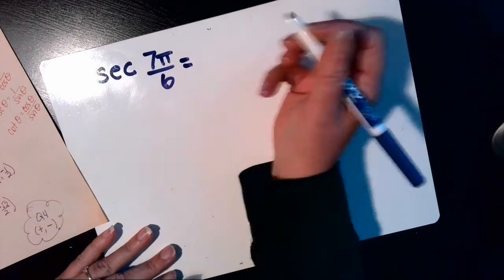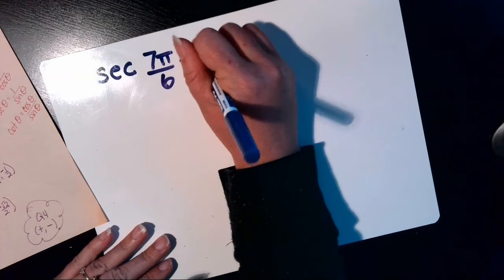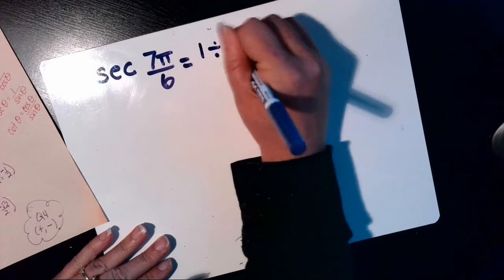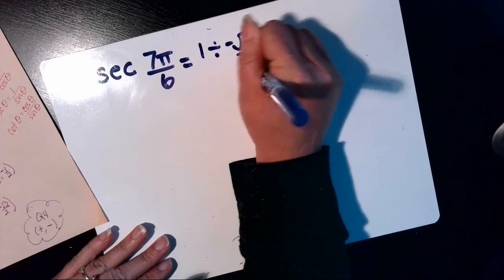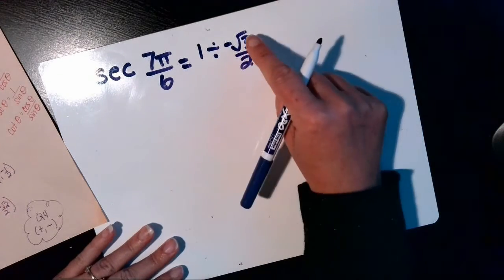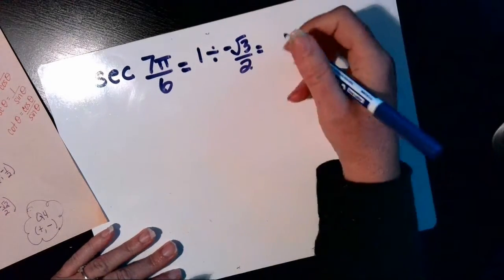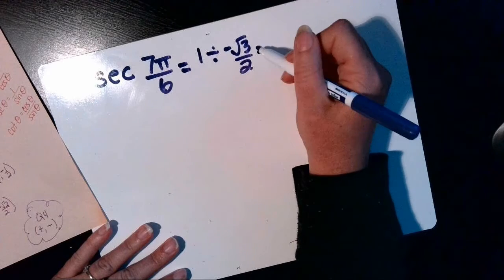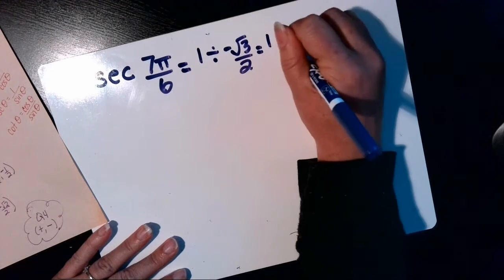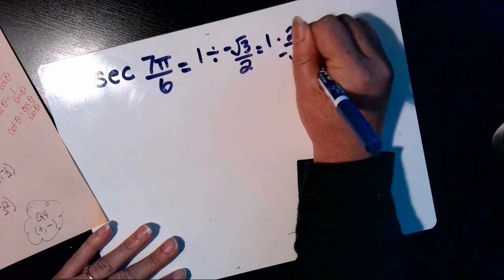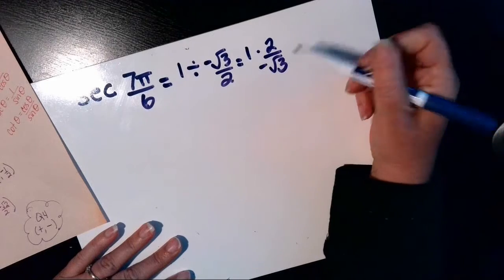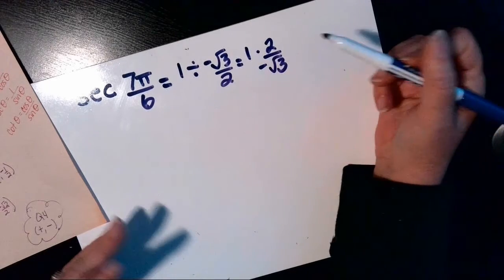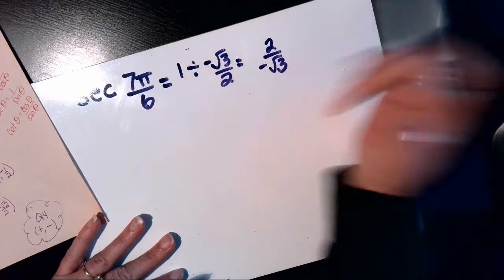So I need the reciprocal of that, so I'm going to do 1 divided by negative square root of 3 over 2. And remember, reciprocal just means to flip that fraction. So we're taking 1 times the 2 over negative square root of 3. And 1 times anything is just itself, so that won't do anything.